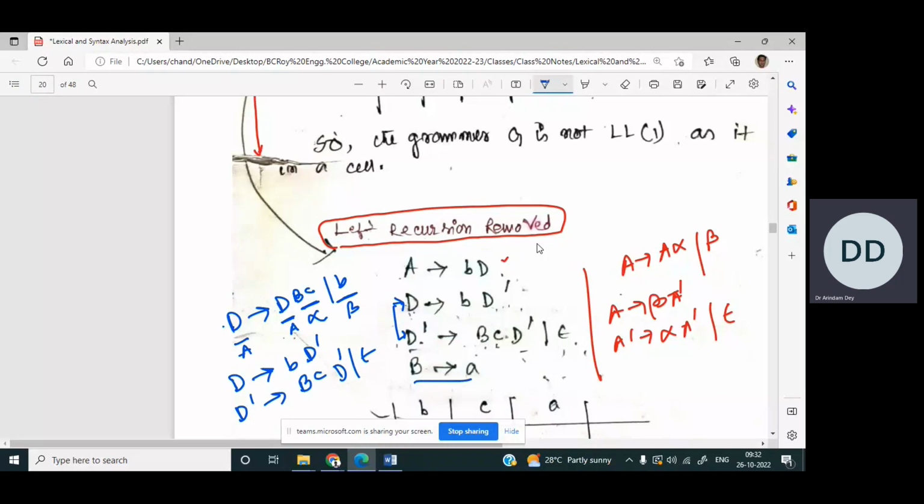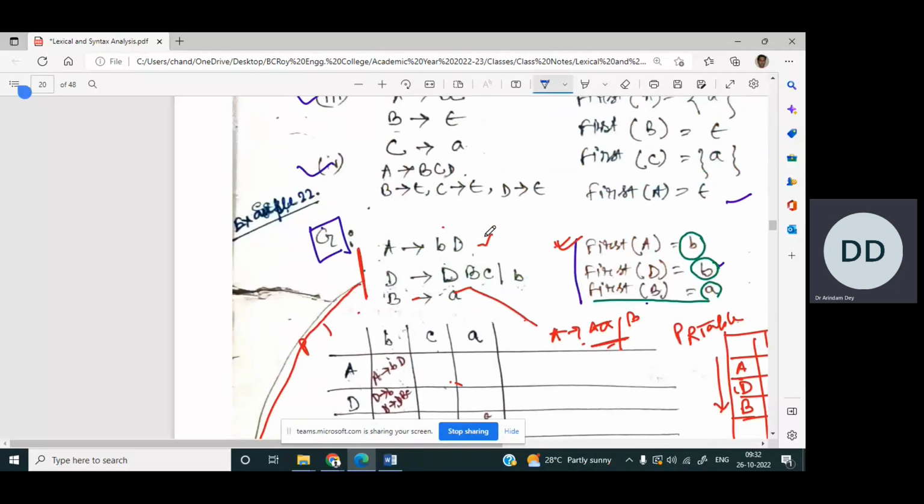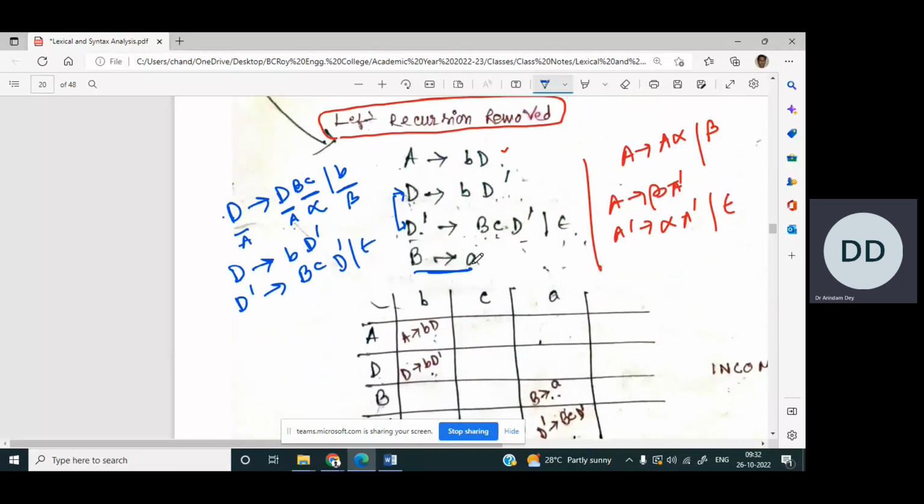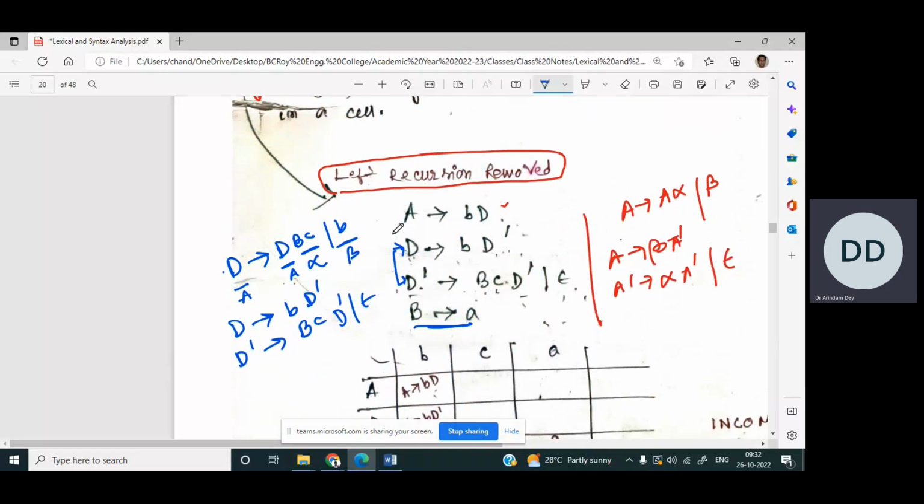And the final one is B to a, because B to a was there initially over here, if you check. So the same thing is here, right? Now, we have the same grammar, but the grammar has had its left recursion removed, correct? I'm erasing the side parts over here.